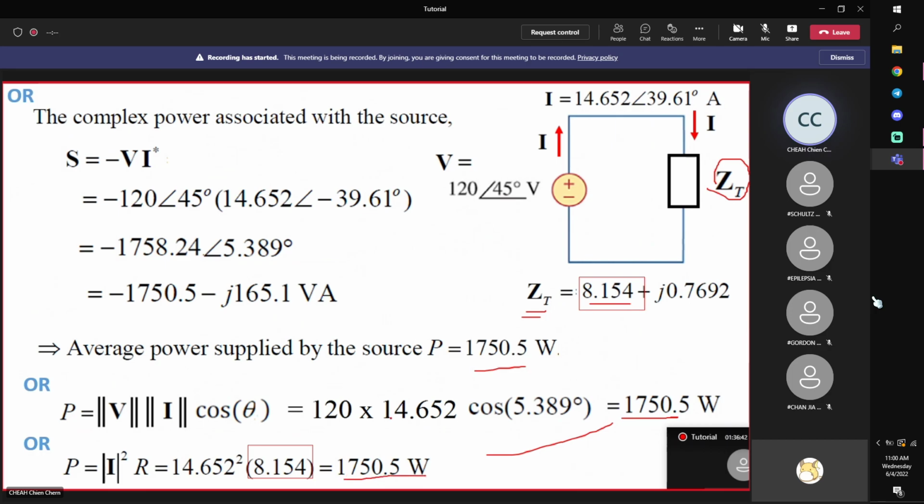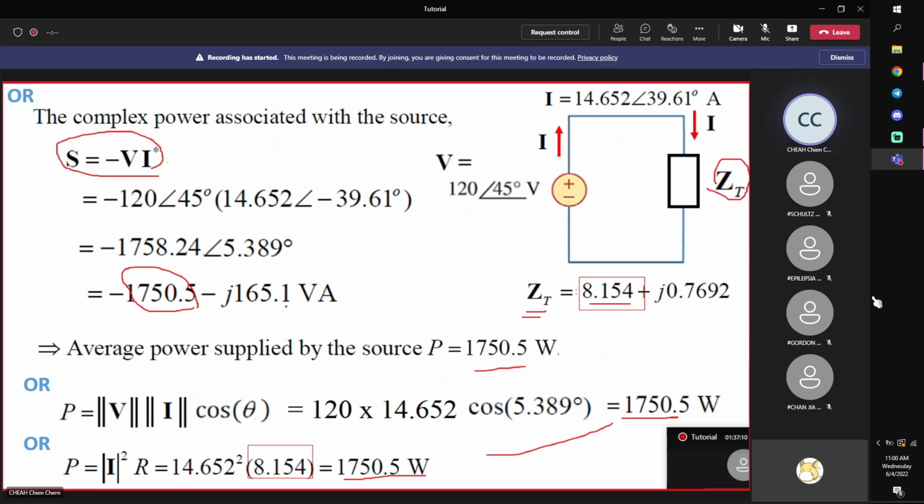It just means that in order to calculate the real power consumed by the load, the resistive part, there are several ways. One way is to calculate V and I, take the phase difference between them, then use VI cosine theta. The other way is to calculate the complex power, and then take the real part of the complex power, which also gives you the average power.